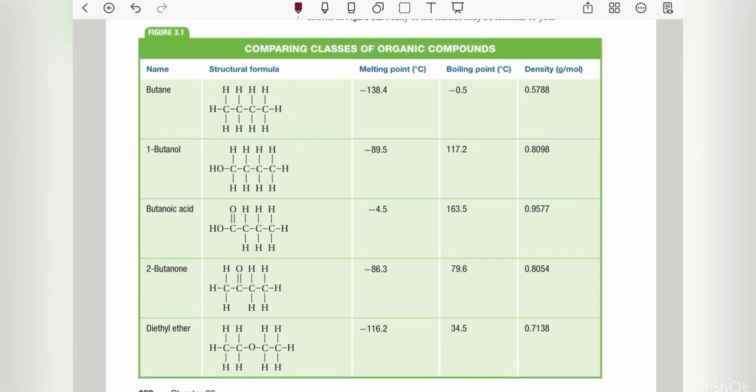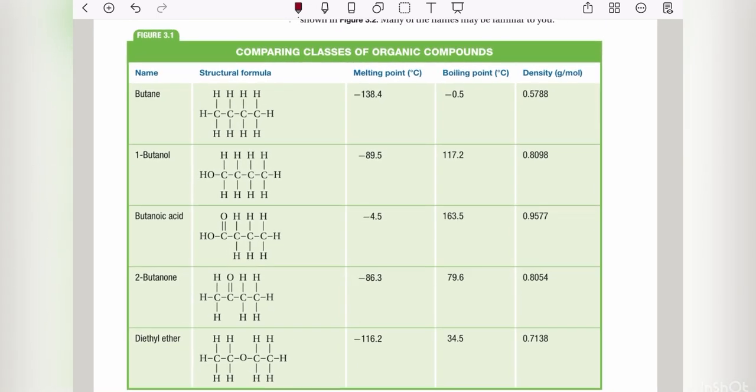The first one is butane. It must be familiar to all of us as we looked at it in sections 1 and 2. And the structural formula, we also saw it before. And then we have these 3 properties for each of the compounds: melting point, boiling point, and density. The next one is 1-butanol.